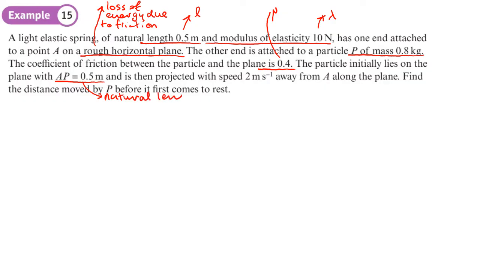So that will be worth bearing in mind. And it is then projected away with speed 2 meters per second away from A along the plane. Find the distance moved by P before it comes to rest, which means then the speed becomes 0 meters per second. So let's draw a diagram of what's going on here.